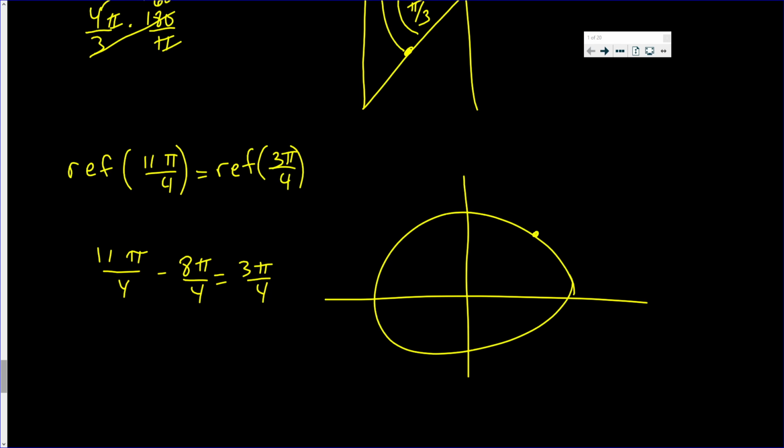Well, remember, that's 1 pi over 4, 2 pi over 4, 3 pi over 4. So that's our angle. And if I went out here, that's 4 pi over 4. From 3 pi over 4 to 4 pi over 4, that angle is pi over 4. Always, always go to the x-axis.